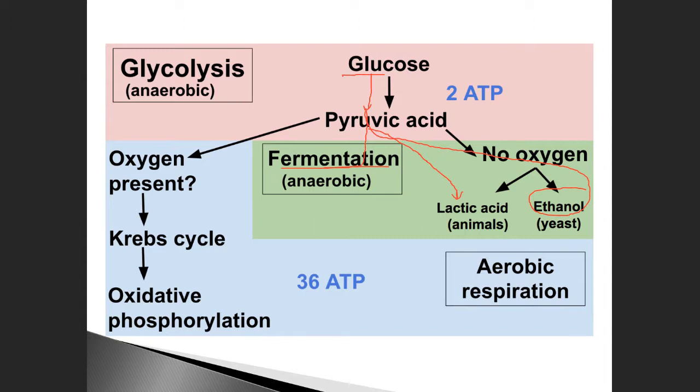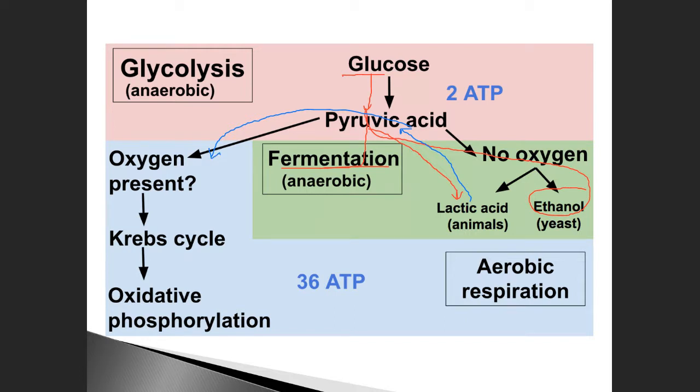Now, the really interesting and beautiful thing about lactic acid, you might have heard of lactated Ringer's in a hospital if you work in a hospital, is that lactic acid can be converted back to pyruvate, and then, if there's oxygen, it can go through what we call catabolic cellular respiration, okay?